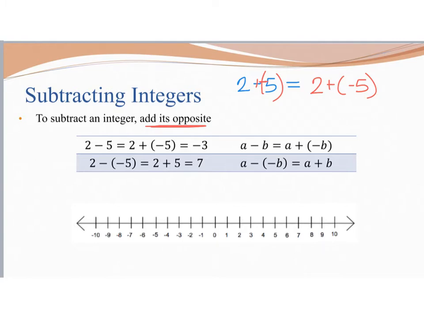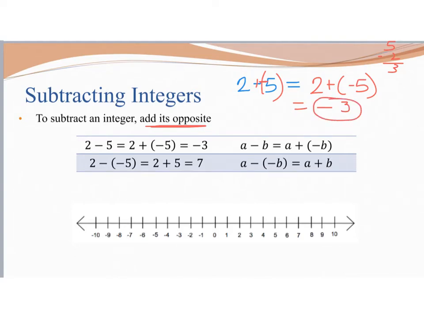So now with this example here, you can see that 2 plus a -5, just like what we were doing yesterday, the numerical value of 5 is bigger, which has the negative sign. And then I end up doing 5 minus 2, which is 3. So I see that this is going to give me an answer of -3.